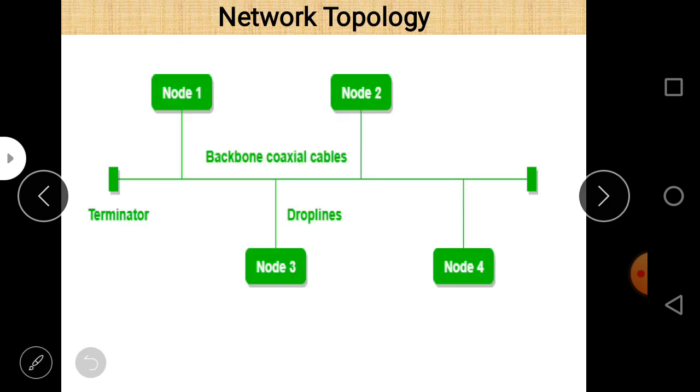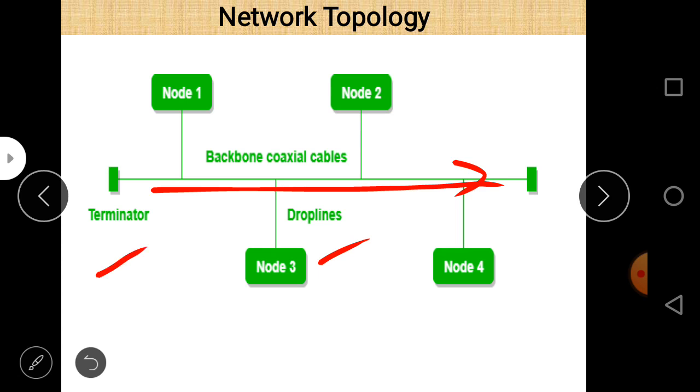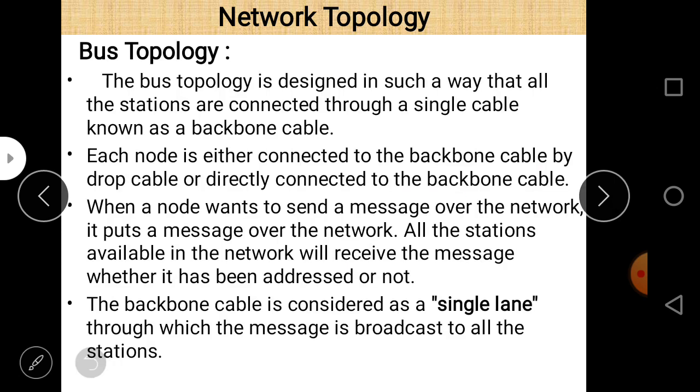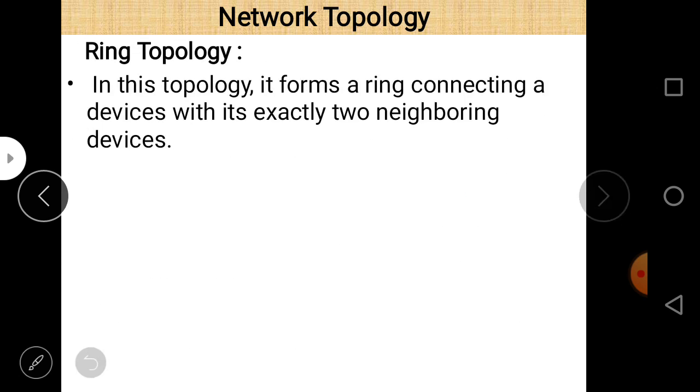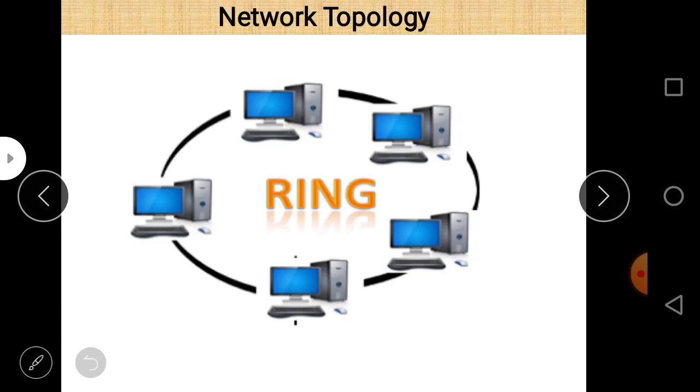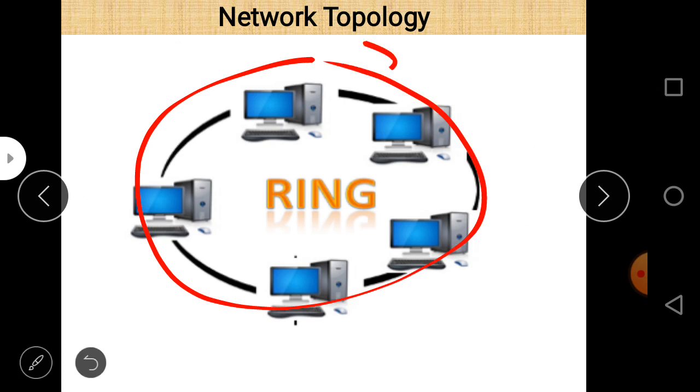In bus topology, all nodes are connected by a single cable called a backbone or coaxial cable, and it is the simplest topology. Different nodes are connected by drop lines, or they may be directly connected to the backbone, and a terminator is there which terminates the signal. Second is ring topology. There is a ring formation in this, and data always goes in a clockwise direction.